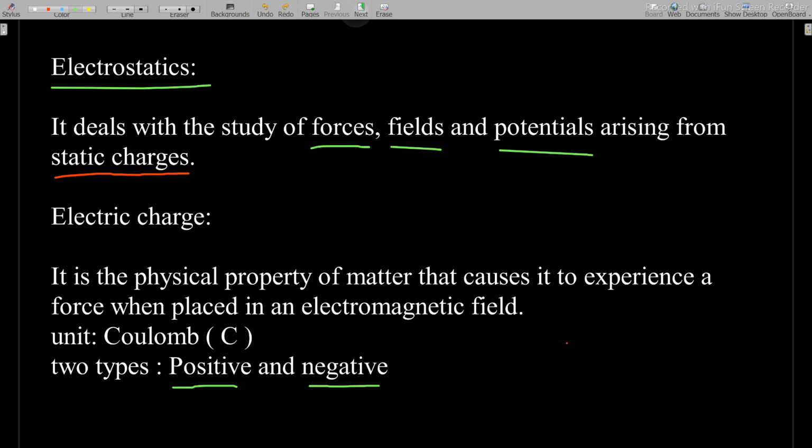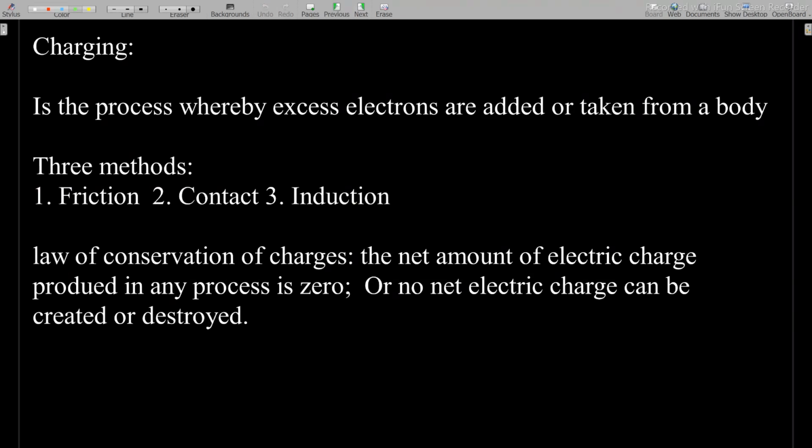Now let's move forward. We call something charging in electrostatics, and when we mention charging, what do we mean? Charging simply is a process whereby excess electrons are added to or taken from a body. So basically, to say that a body is charged depends on the amount of electrons the body has.